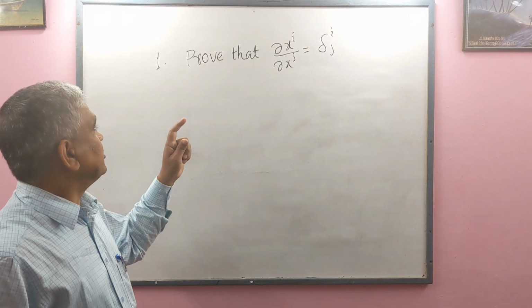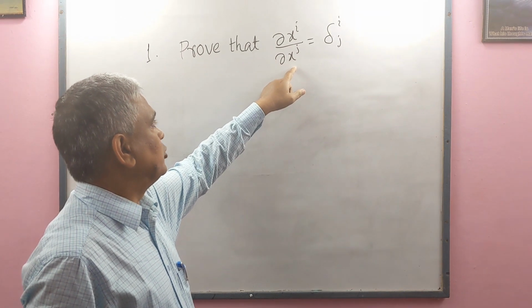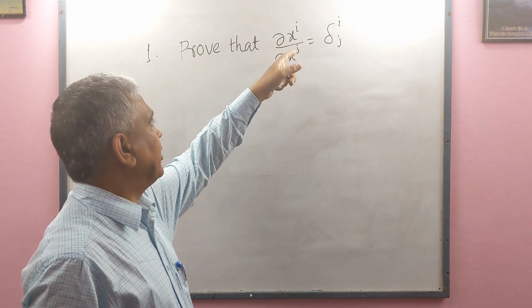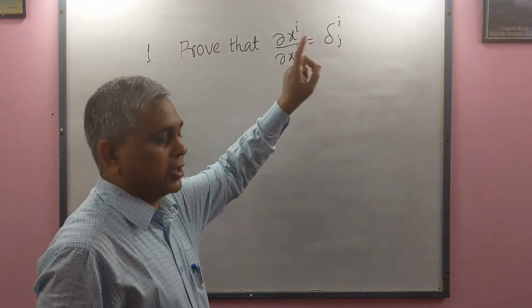The problem is to prove that del xi by del xj, that is the partial derivative of xi with respect to xj, is equal to the Kronecker delta.